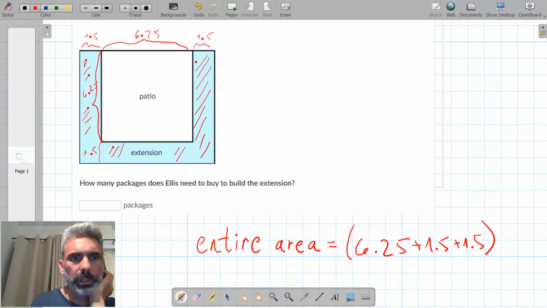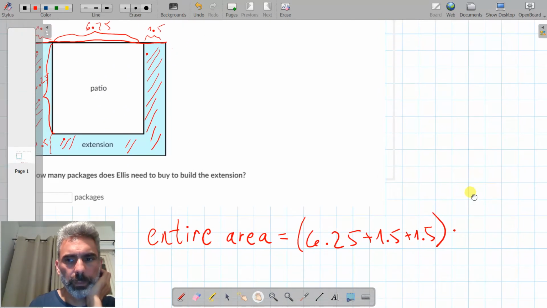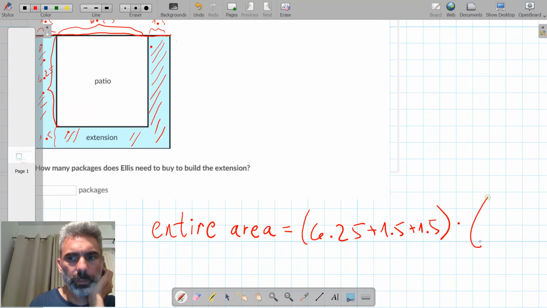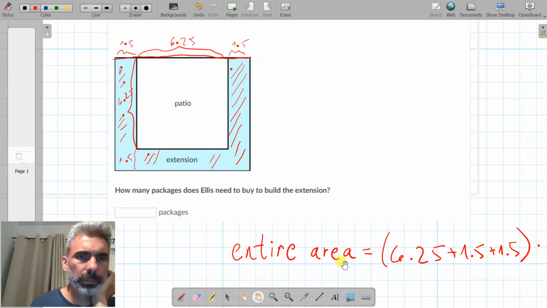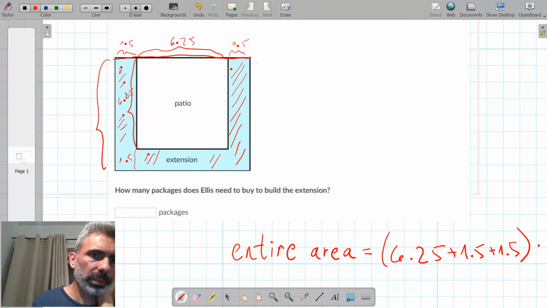This is this side here. 6.25 plus 1.5 plus 1.5 times 6.25 plus, so the entire, so this segment here is 6.25 plus 1.5.